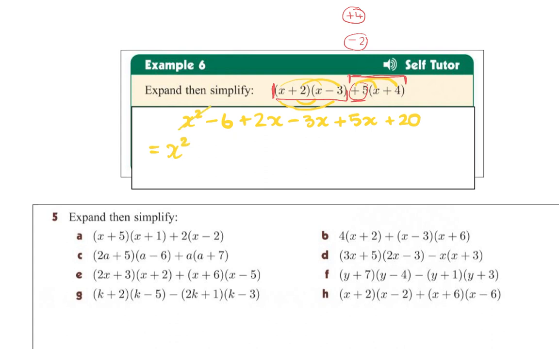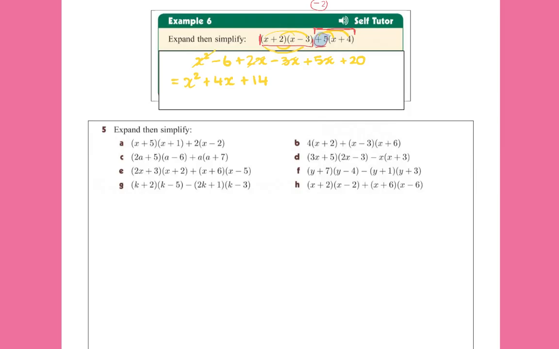So x squared... then we're done. X squared minus 4x plus 14.